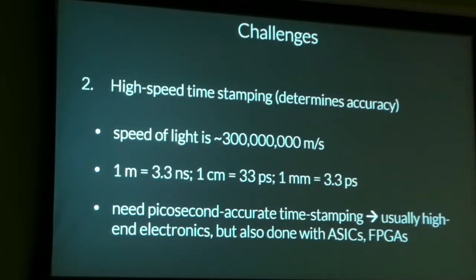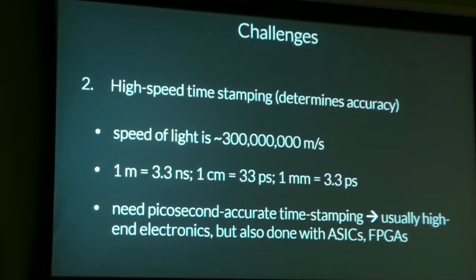The second challenge was how accurately you can timestamp these incoming photons. You have to do this fast because the speed of light is so fast. Light travels about 300 million meters per second. So in just a few nanoseconds, light is traveling a meter, and in a few picoseconds, it's going to travel around a millimeter. But picoseconds are just incredibly small timescales.